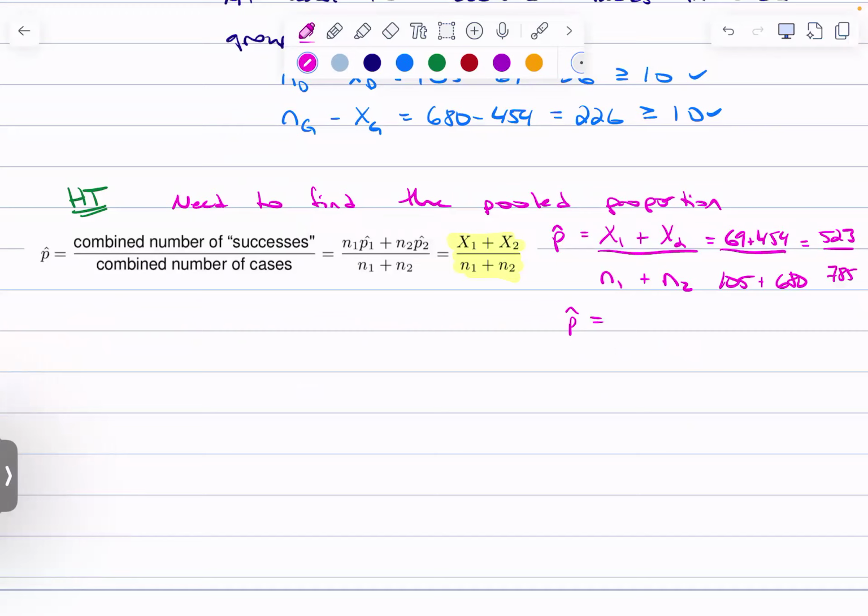So p hat is 523 over 785, which is 0.6662420382. I'll round that to 2 decimal places, because I don't want to be saying 666 all class. So 0.67, that works better for me.